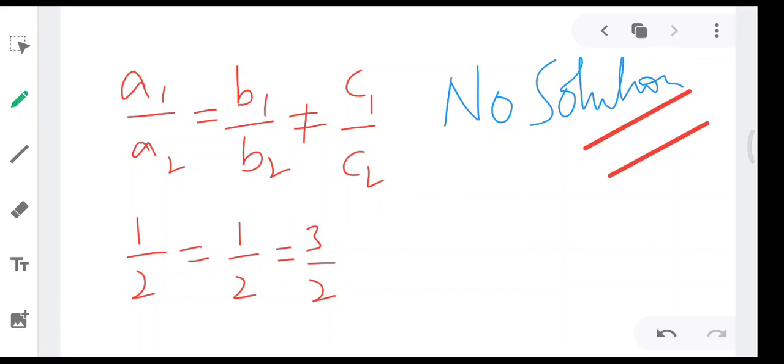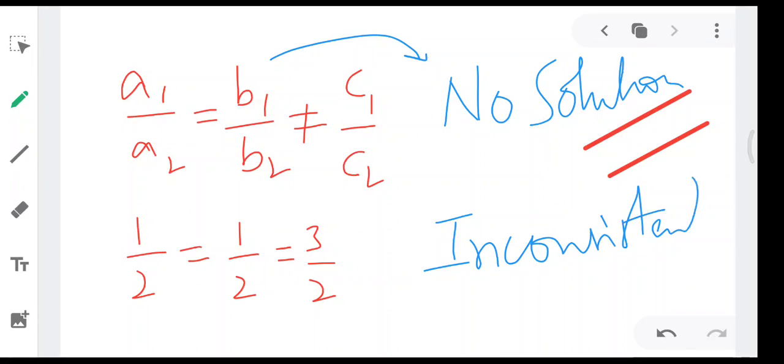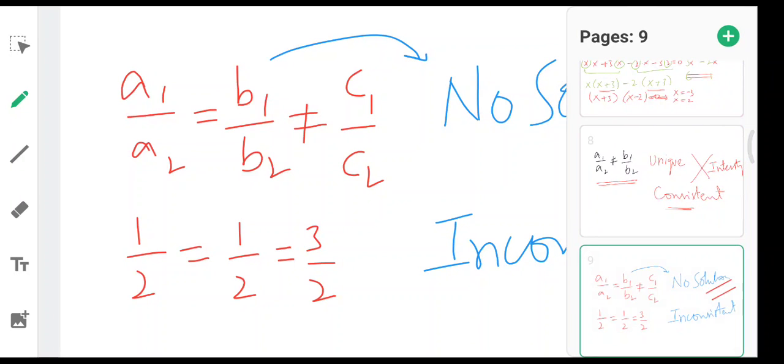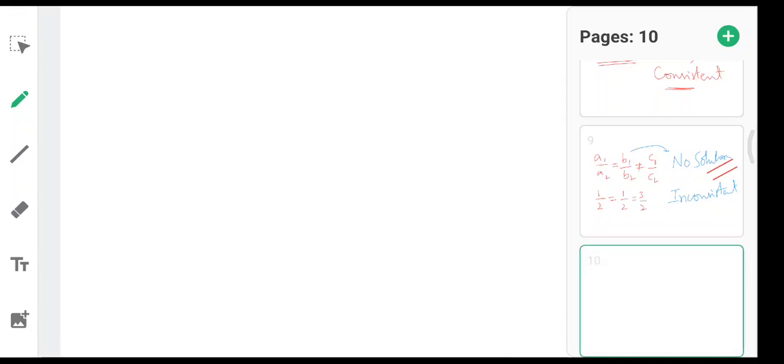So if this condition exists, then it has no solution, meaning you cannot find a solution, and they are said to be inconsistent. I am recalling this because a few students had a doubt in this also. Next, third condition.